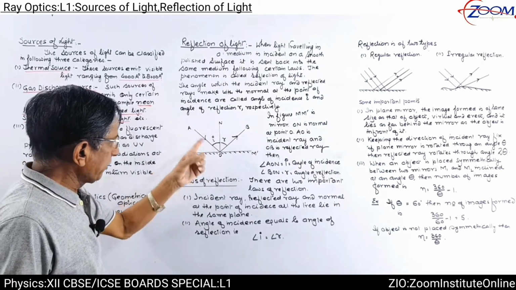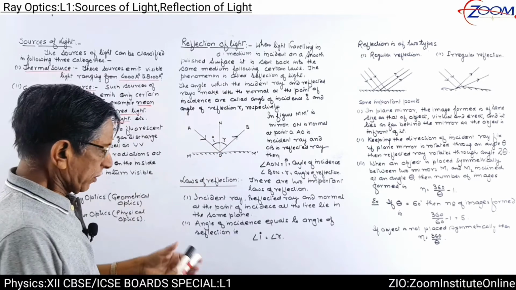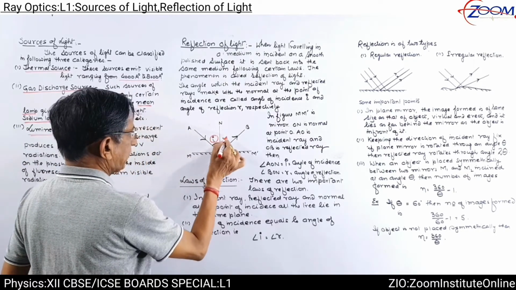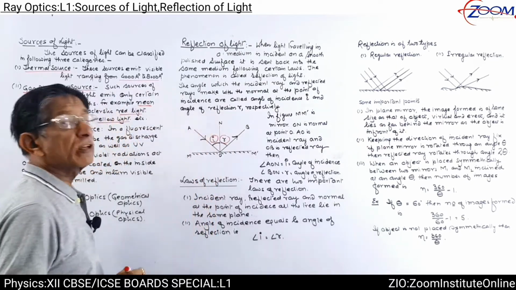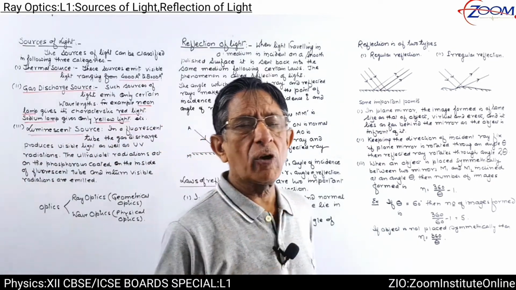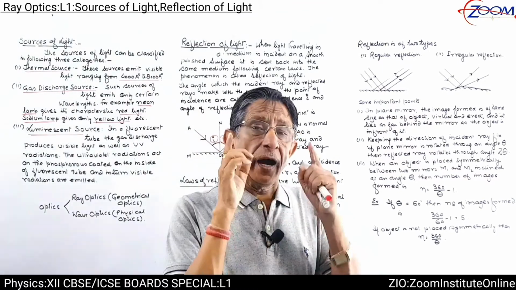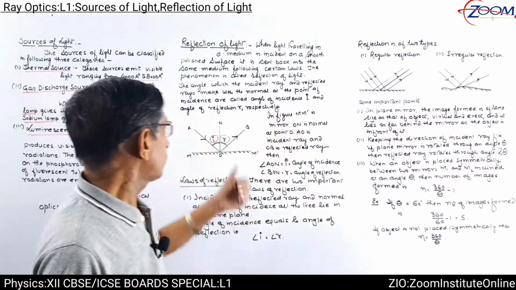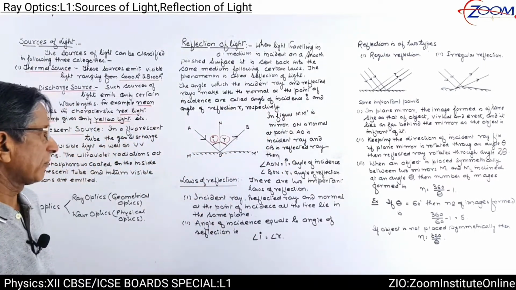The angle which the incident ray makes with normal, what is this angle called? Angle of incidence, and this angle is called angle of reflection. The angle which the incident ray makes with normal is called angle of incidence, and the angle which the reflected ray makes with normal is called angle of reflection.